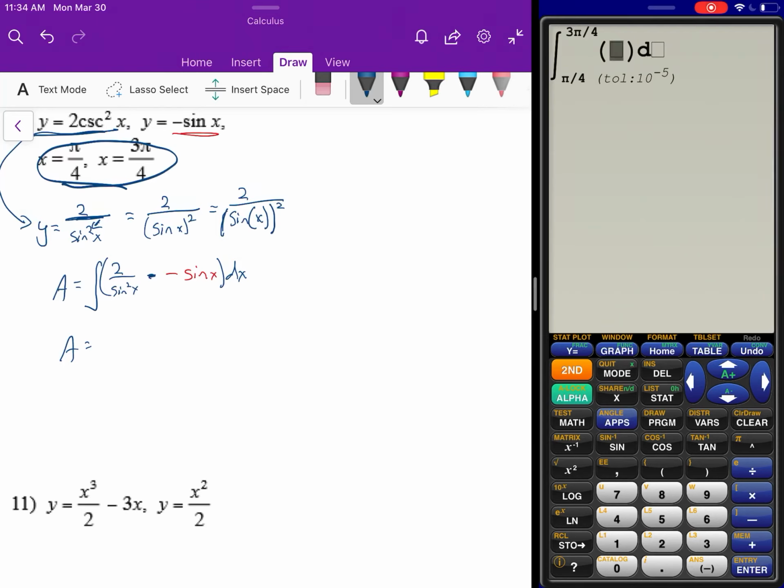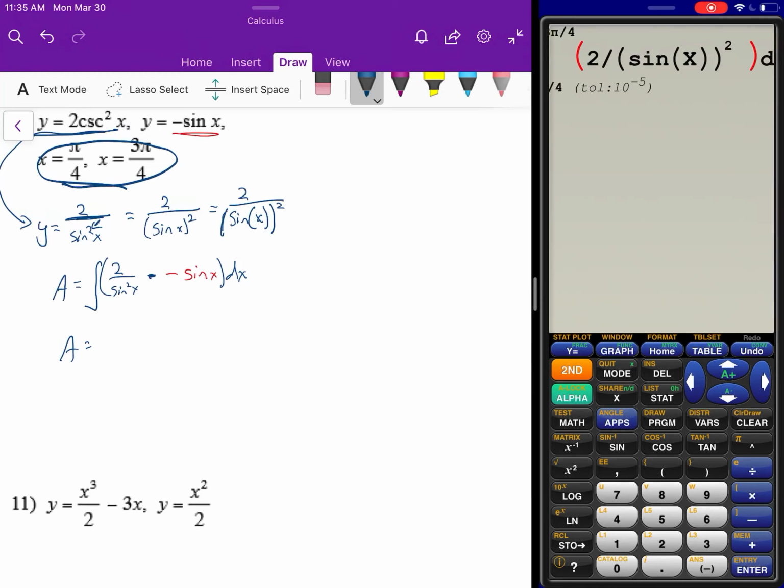Here's where we also need to be careful about plugging this in. So you can put 2 divided by, and we're going to have parentheses to go around sine of x. Then we have to close our parentheses again, and hit squared. And then if you keep pushing over, you'll see what we have there.